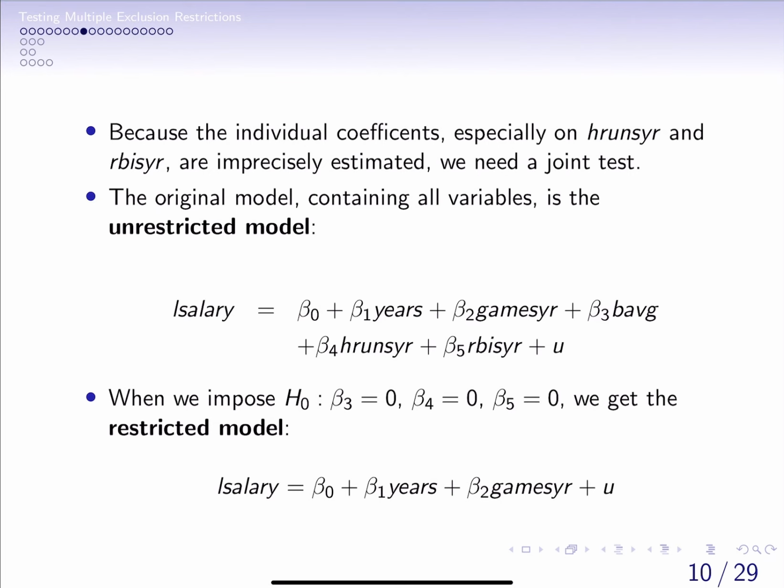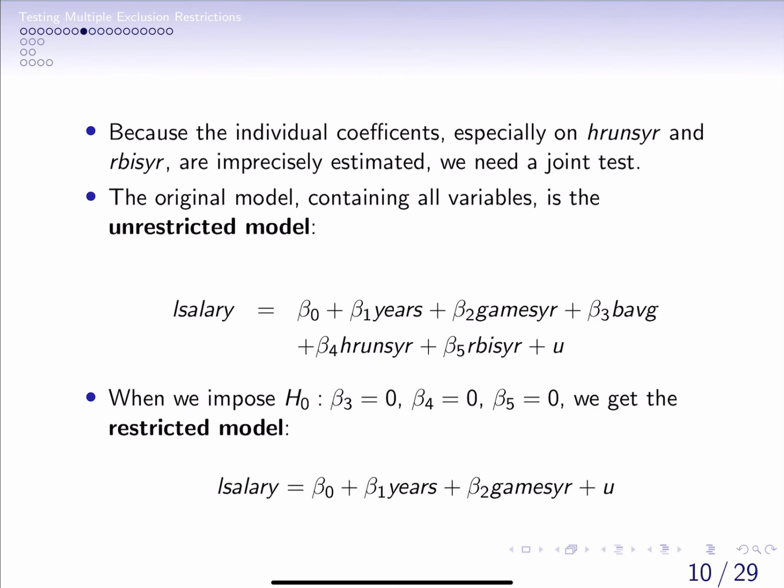One model is called the unrestricted model, in which we include all our variables just like we had before. So we have the first two variables, years and games per year, and then the last three variables, batting average, home runs per year, and RBIs per year. We're going to call this the unrestricted model, and abbreviate it with UR, okay?